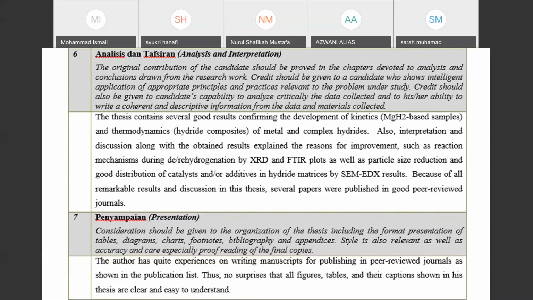I check maybe chapter 1, chapter 2, chapter 3 and the conclusion. But from the methodology chapter until chapter 6 or 7, everything has already been checked by the reviewers. That's why my task as a supervisor is easy.